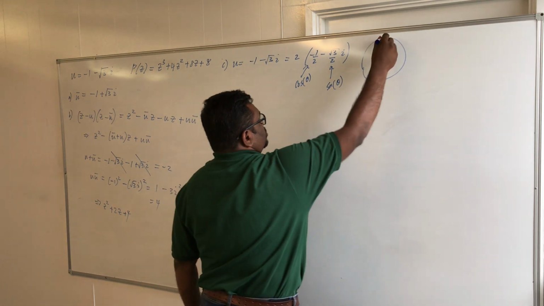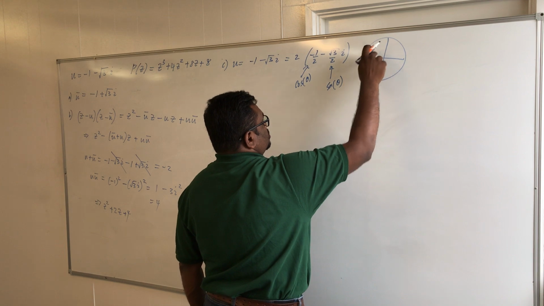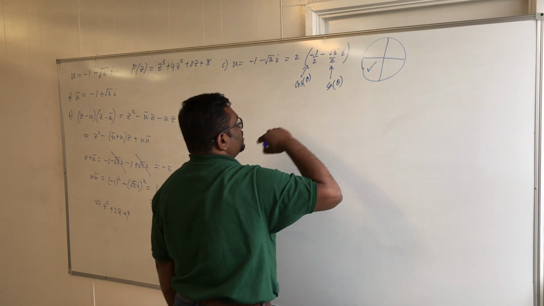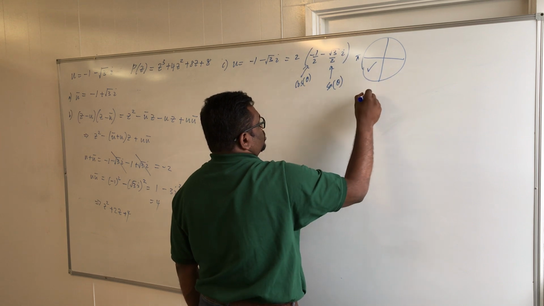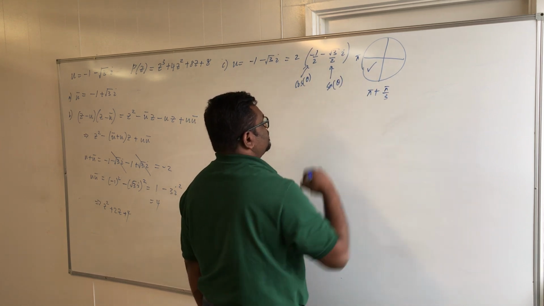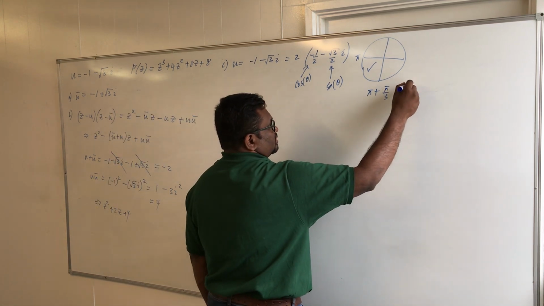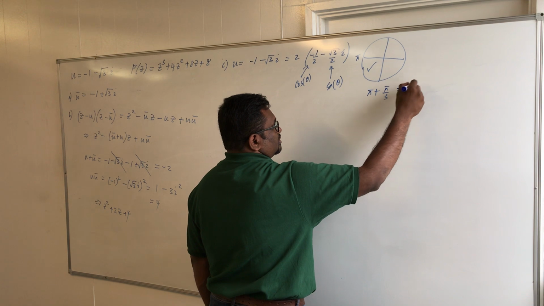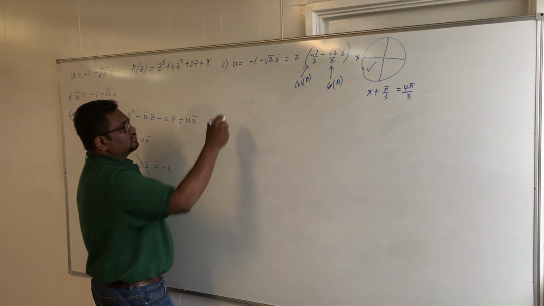So it's minus, so it's pi here. So you add pi, so it's going to be cos pi divided by 2. Guys, are you looking at what I'm doing here?